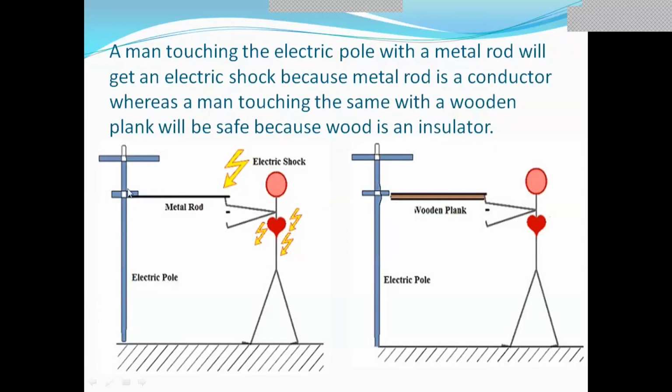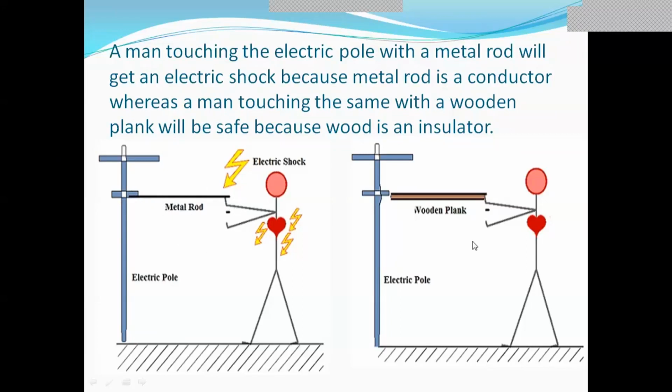As the metal rod is a good conductor of electricity, electricity passes from the pole through the rod and reaches the person so that he gets an electric shock. During rainy seasons, electrical accidents generally happen because of this.